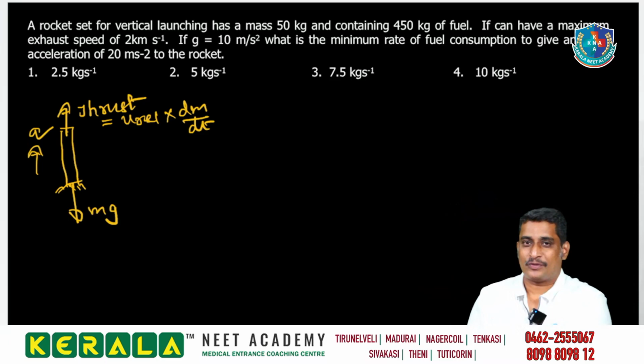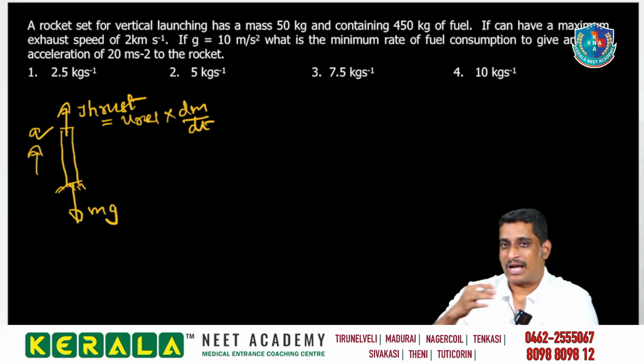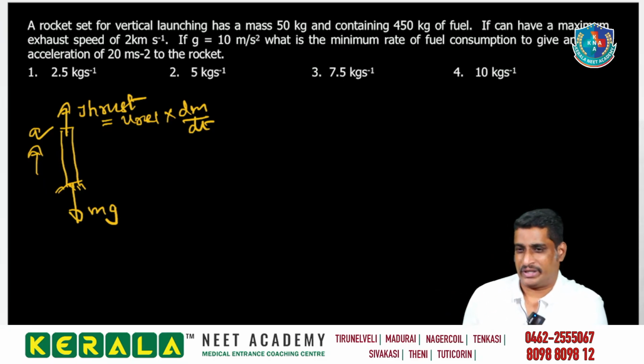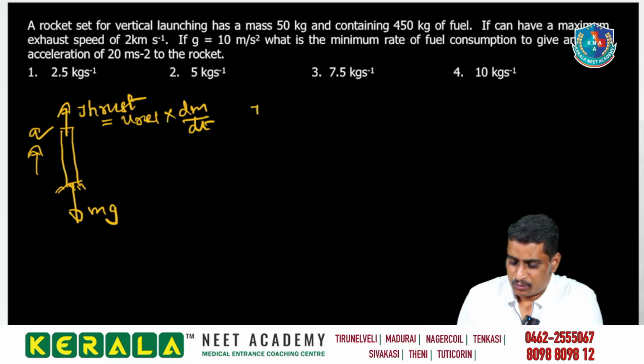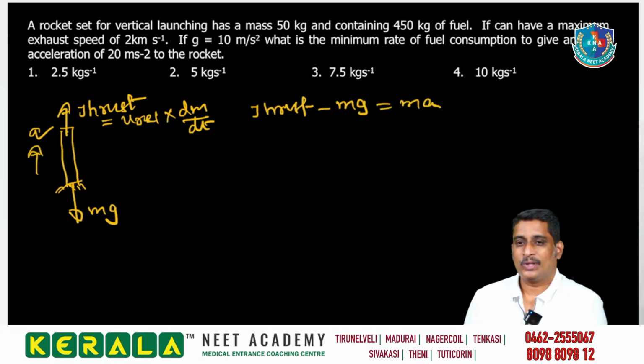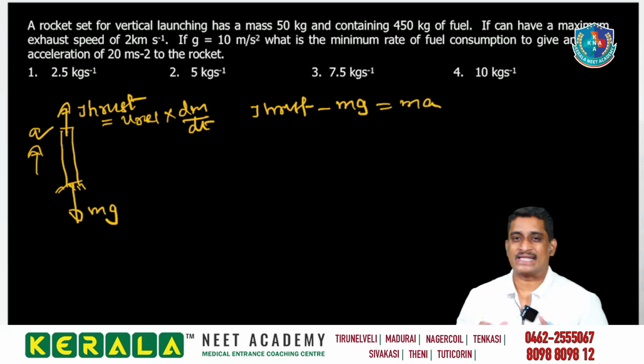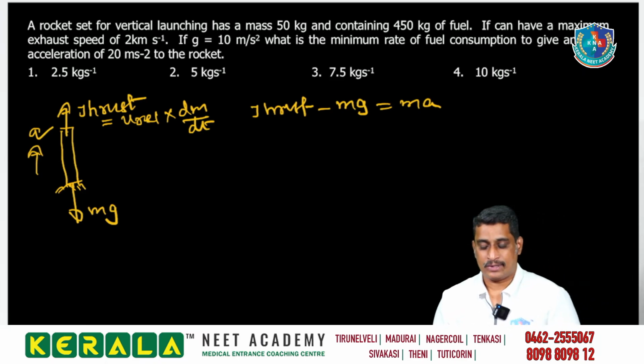Therefore, for the force equation for the rocket, instead of using that variable mass concept, in a simple way we can proceed here. In this case, simply we can write thrust minus mg will be equal to ma. In fact, by applying the idea of the variable mass system also, we will get the same equation. You children can practice this equation in this way.